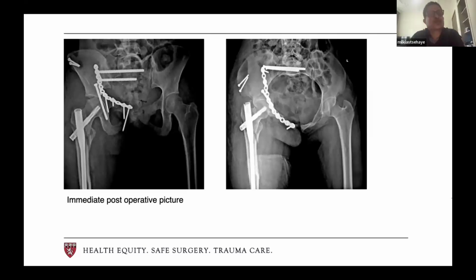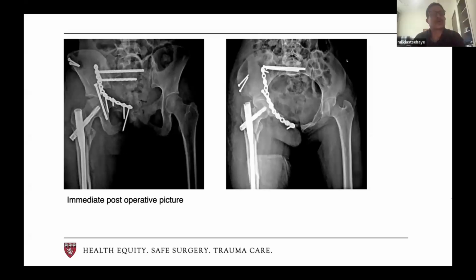Thank you, Mapuor. If you can explain your question again. Yes. So my question is, you have put the screw from the posterior fixing the anterior column, right? And you have opened the pelvis from anterior, which is the Stoppa approach here.